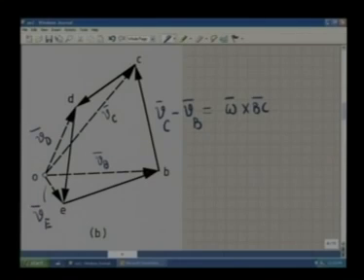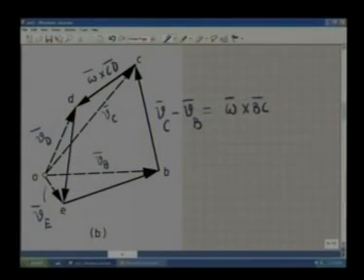Similarly, this vector cd will represent omega cross CD, which is nothing but Od minus Oc, that is the difference of velocity of D and the velocity of C. Similarly, eb will represent omega cross EB, and de will represent, this vector will be omega cross DE.